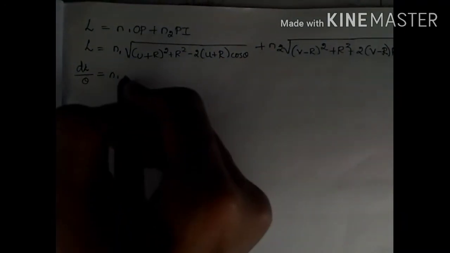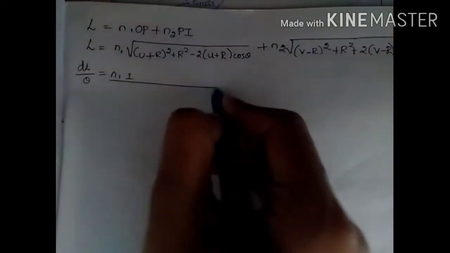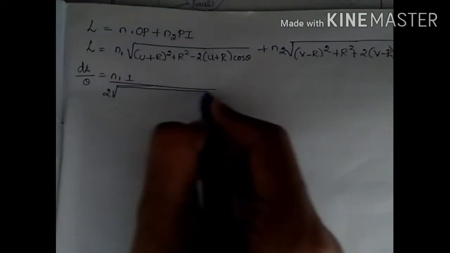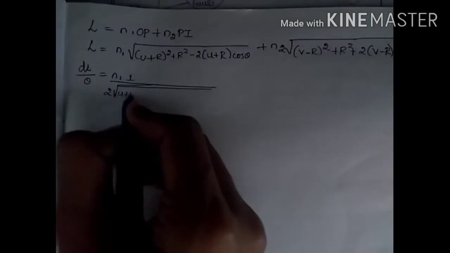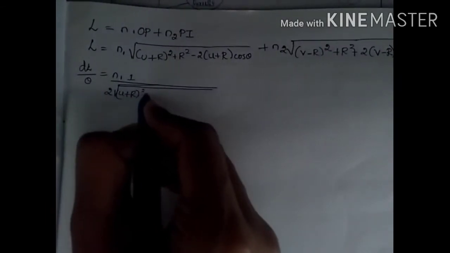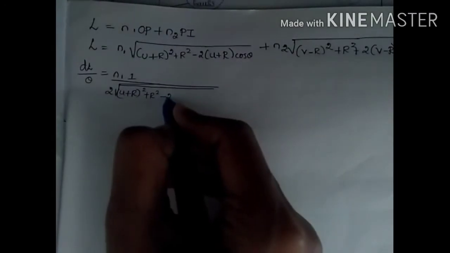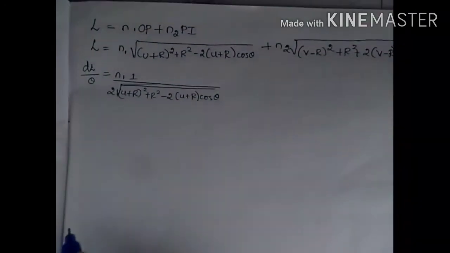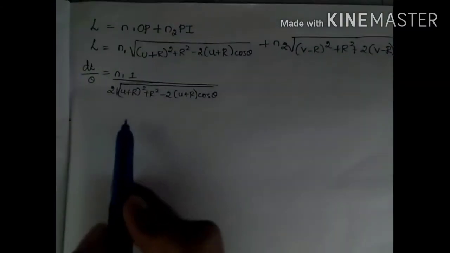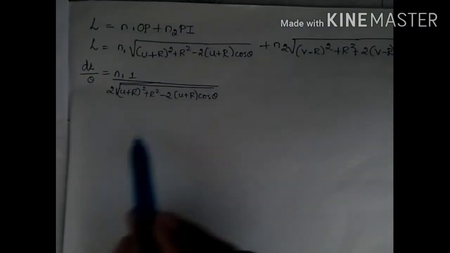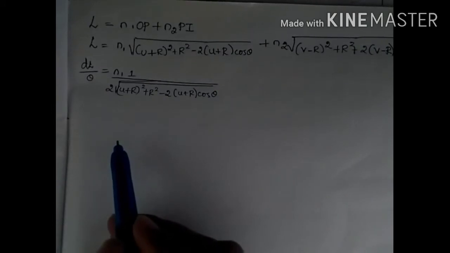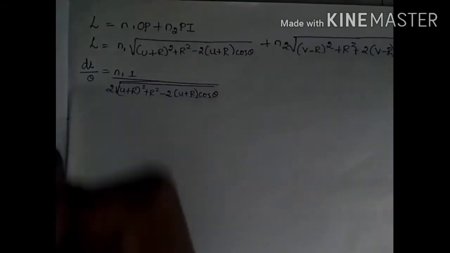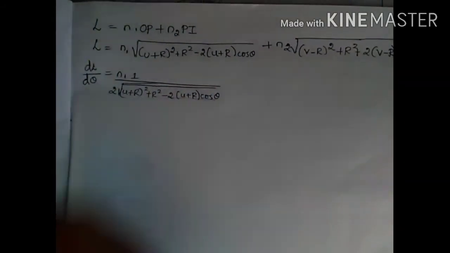So I write 1 by 2, and in the root we have (u plus r) whole square plus r square minus 2(u plus r) r cos theta. Now the term is variable in terms of theta, so we differentiate this term with respect to theta.